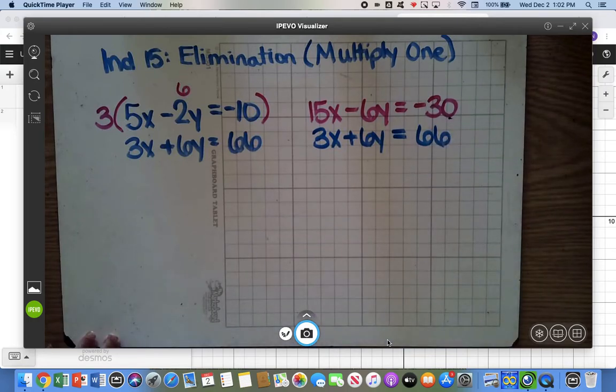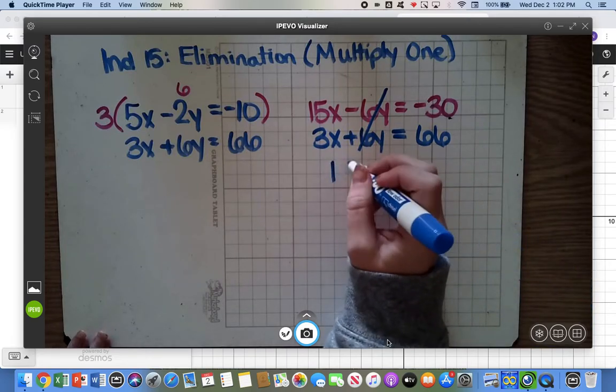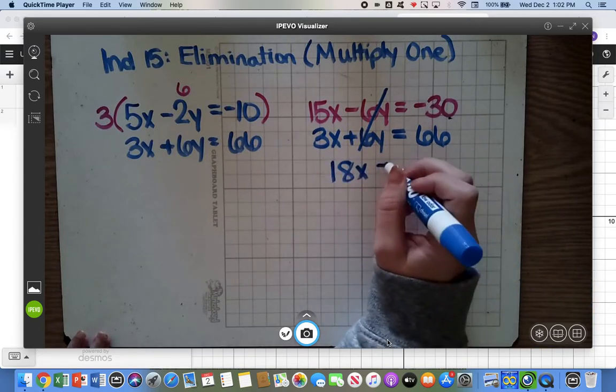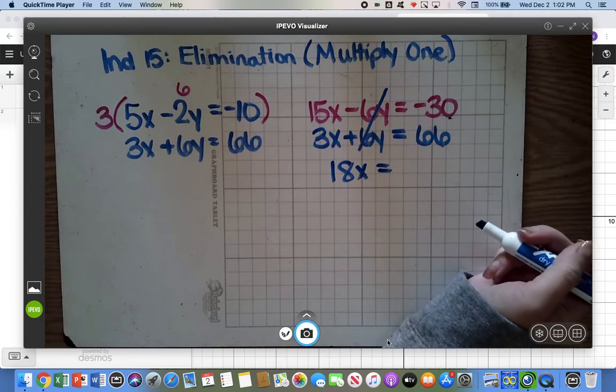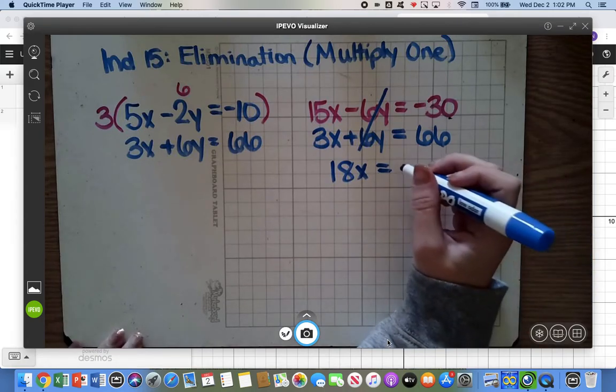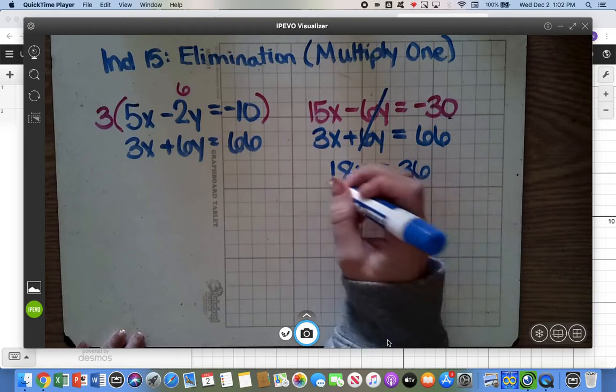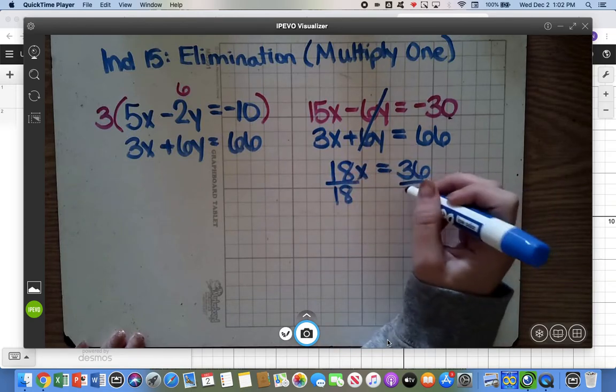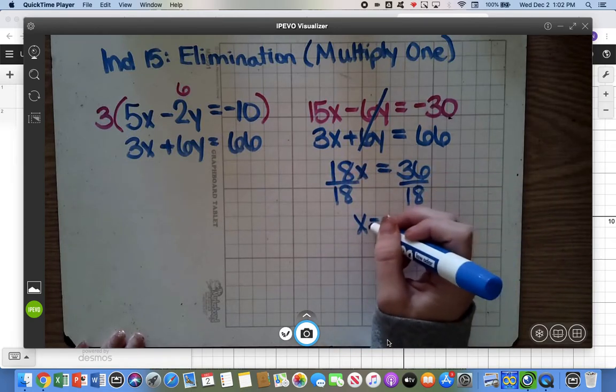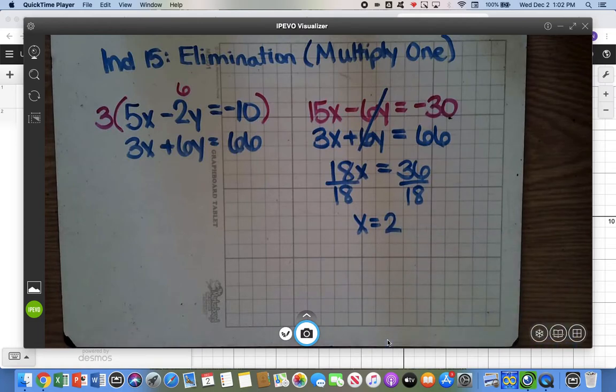So now we have a +6y and a -6y that eliminate. That's the goal. So then we just add what's left. 15 plus 3 gives me 18x. -30 plus 66 gives me a +36. So then I can divide by 18 and I get x is 2. Fantastic.